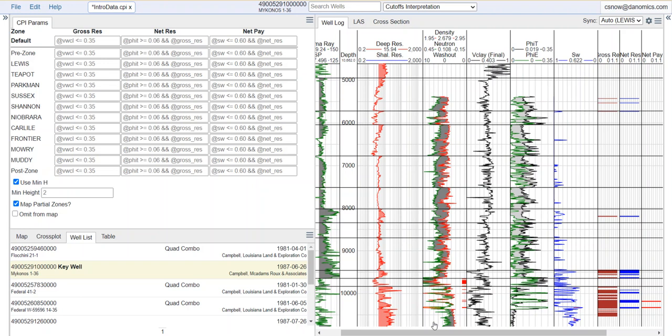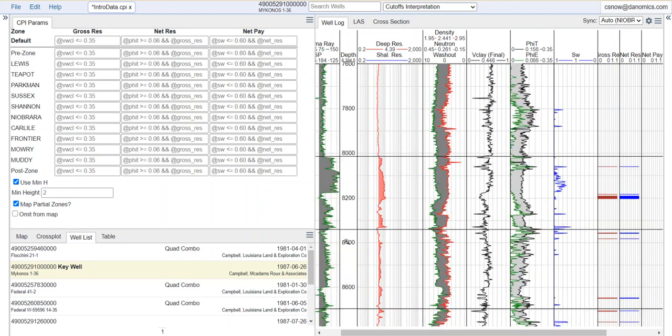So, how do we go about setting these criteria? Here we have some logs pulled up, and I'm just going to zoom in to the Niobrara Formation. In this particular area, we are quite a bit distal.